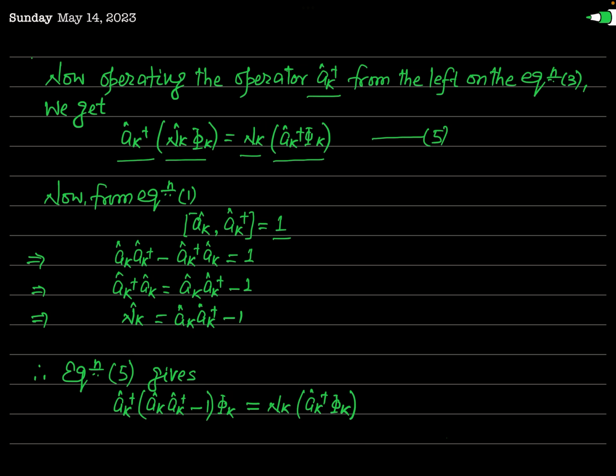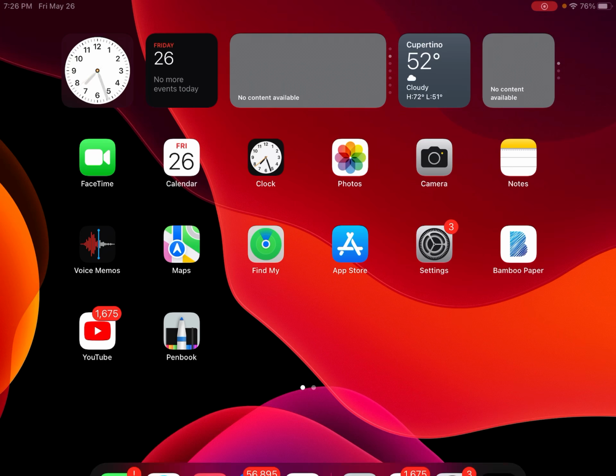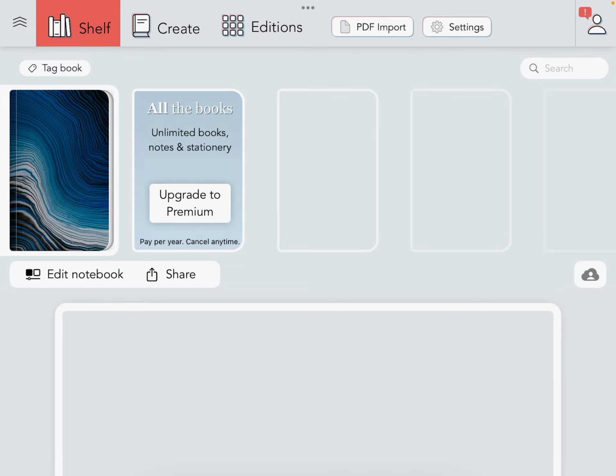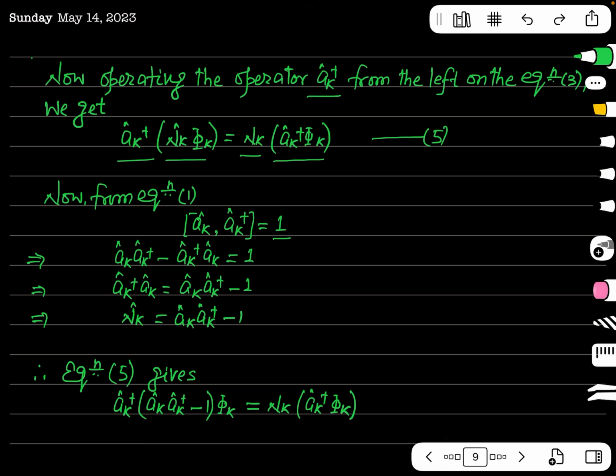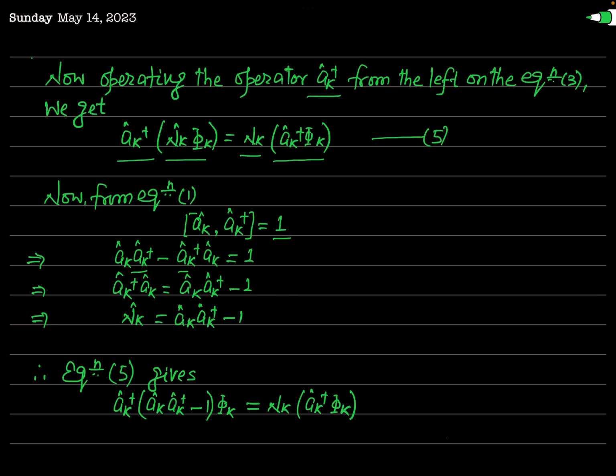Now this commutator can be written like this. This is actually just the definition of the commutator, and the page has been turned, but it is okay, so don't be worried. So this is ak ak dagger minus ak dagger ak equal to 1. Now I will not pronounce hat, I will only read ak and ak dagger, but you have to see that this is ak hat.